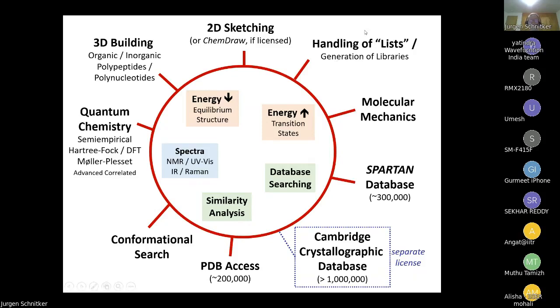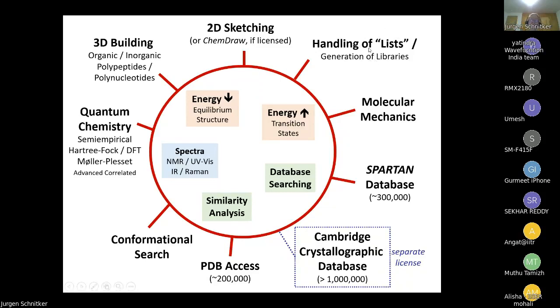Spartan is very strong in terms of handling of lists. You actually saw a little glimpse of that when I took my paracetamol-related molecule and added to it an electron withdrawing group, I think, and an alkyl group, and then it just hit one button and generated a library already.